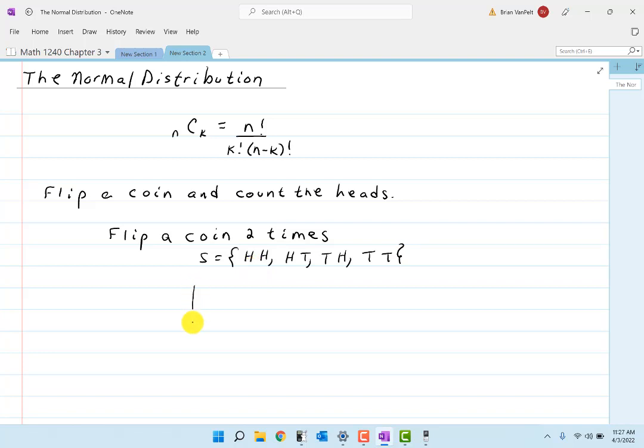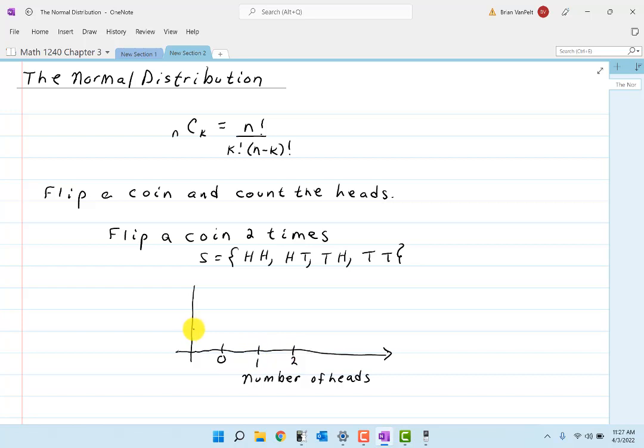Now what I want to do is draw pictures of this to show you how this progresses. So the number of heads will be down here, so let's call this the number of heads. And you can see that I can either have 0 heads, I could have 1 or 2 heads.